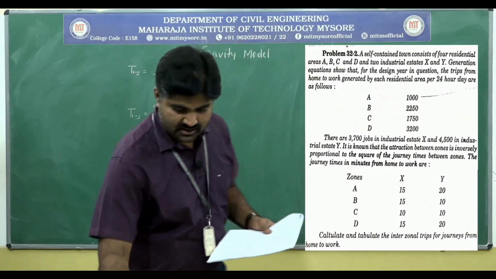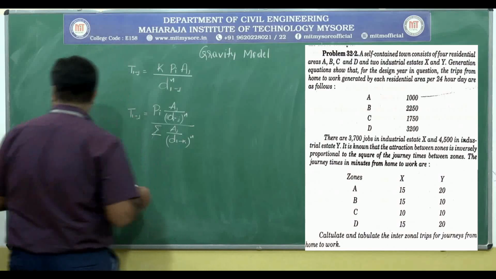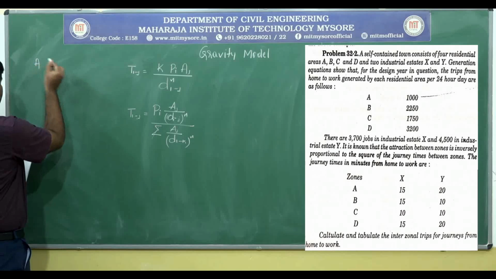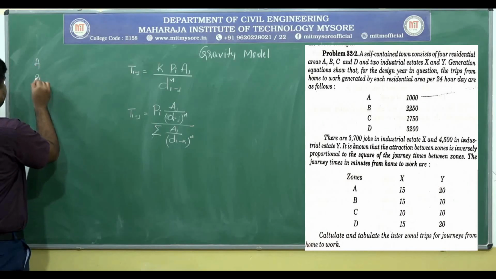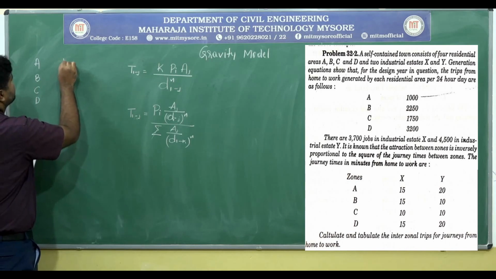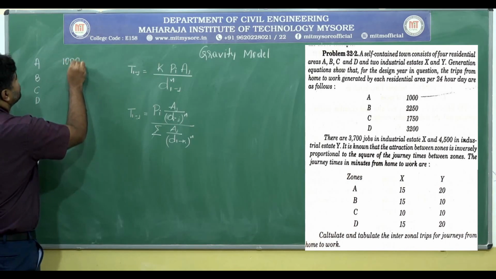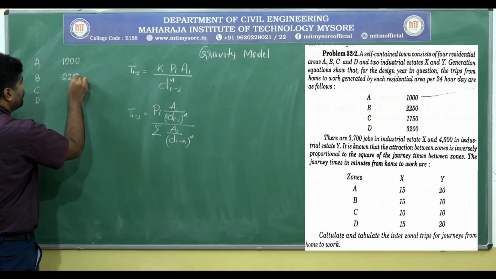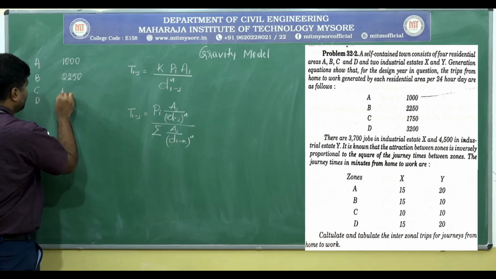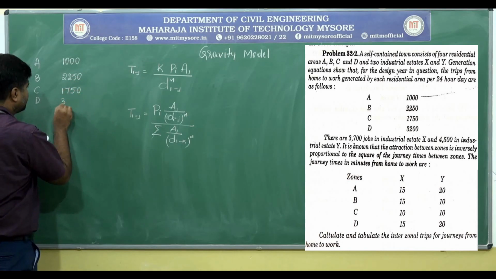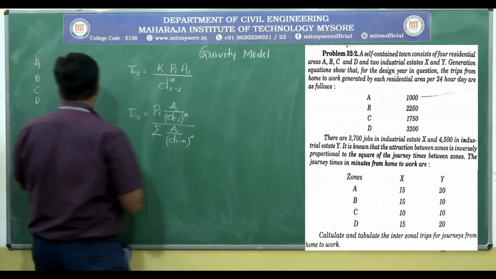Please take down this. A, B, C, D. Corresponding to this, the trips generated in zone A is 1000, then 2250, 1750, and last it is 3200.